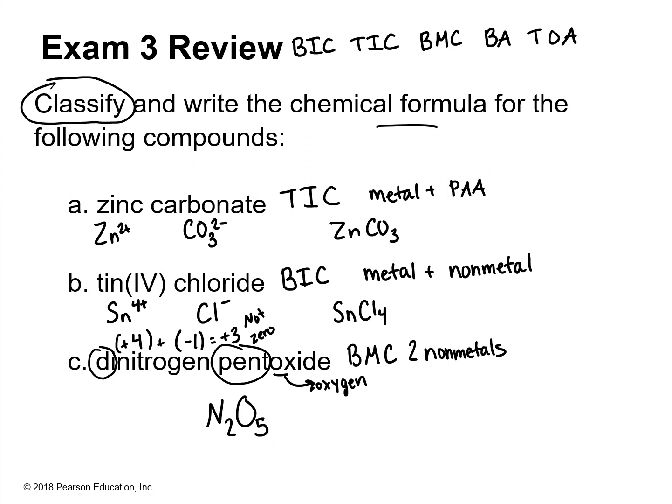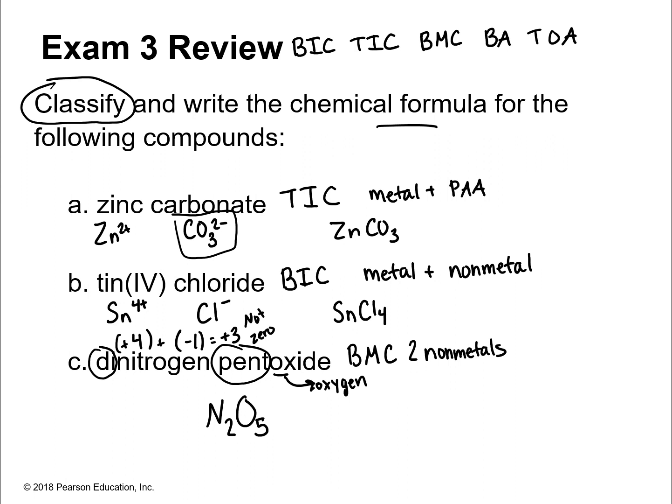So the carbonate ion is CO3 2-. When you look it up, that's what it is. So I just took one zinc ion and one carbonate ion and put them together. And you will get that polyatomic ion sheet with your exam, so you don't have to memorize them.